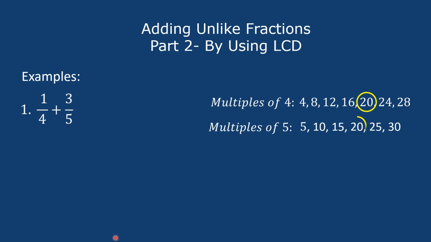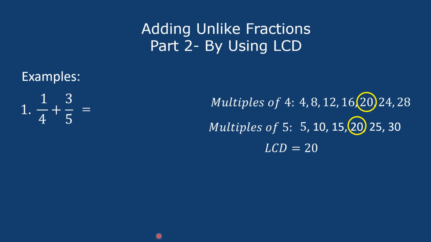So the least common denominator is equal to 20. If we continue listing the multiples of 4 and the multiples of 5, there will be some other common multiples of 5 and 4, but the least common multiple is 20.